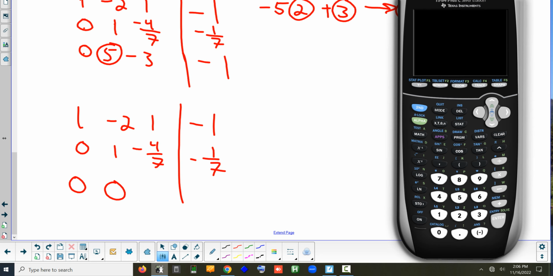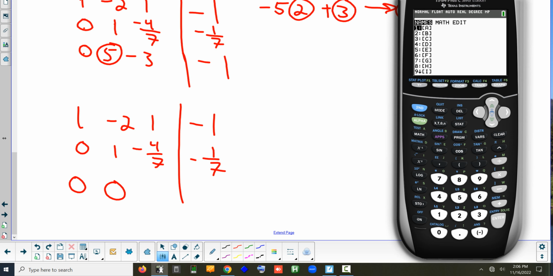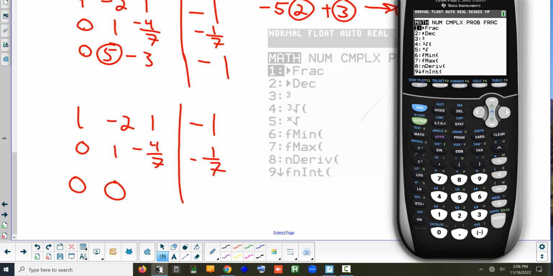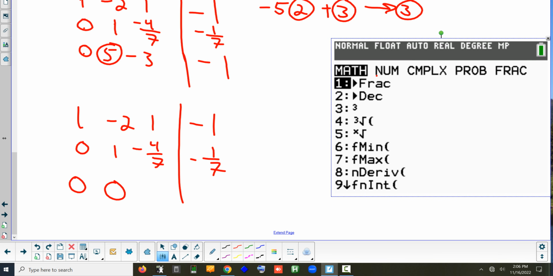What I'm going to do is use the calculator. So I need negative 4/7 times negative 5, and add it to what's below, negative 3. I can easily get this on the calculator just by pressing math, and the very first option can change decimals to fractions for you.